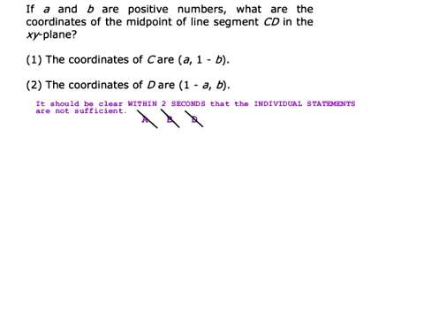There's like double problems of freedom here. If you have this statement alone, first of all, A and B are unknowns, so this point could be anywhere. Also, D could be anywhere too.